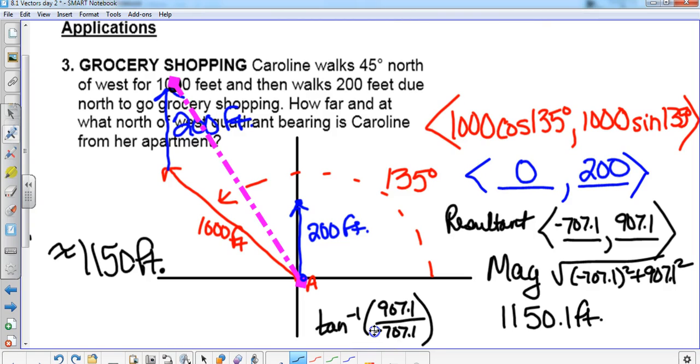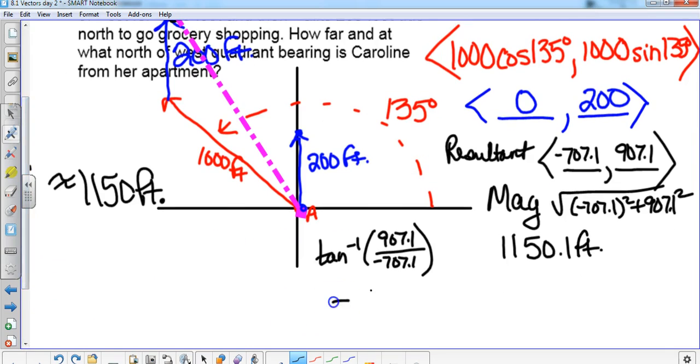You're going to get a weird answer. Whenever you do inverse tangent of a negative number, remember it assumes you're in the fourth quadrant because inverse tangent is only defined there. Okay, so the calculator thinks we're down here 52.1 degrees this way.